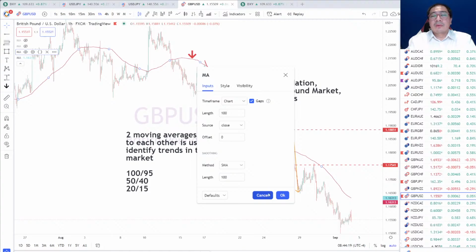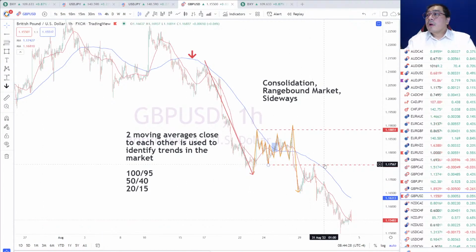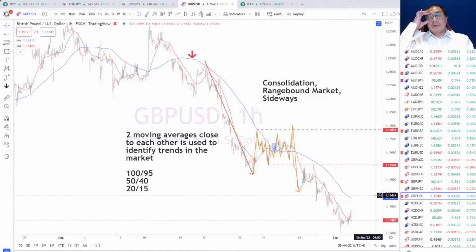So, I prefer EMAs. Some people use SMA. I tried zooming. It doesn't work here, but it'll show you a different thing on the MT4. I just never use moving averages on TradingView a lot.